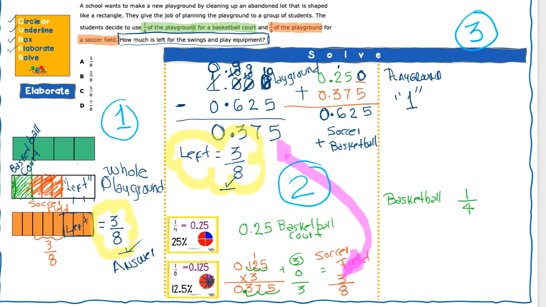The other number that we have, we use the orange for the other one. We can use any color actually. And the other number is the soccer field. And the soccer field is 3/8.